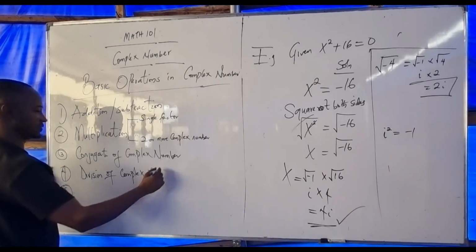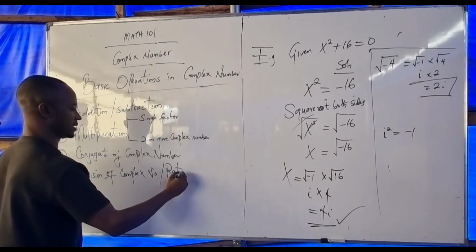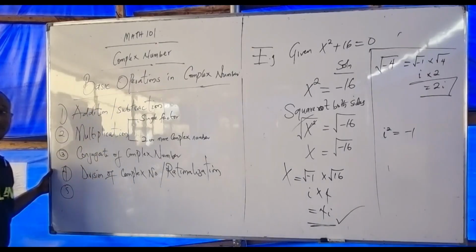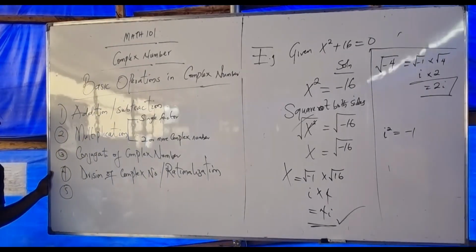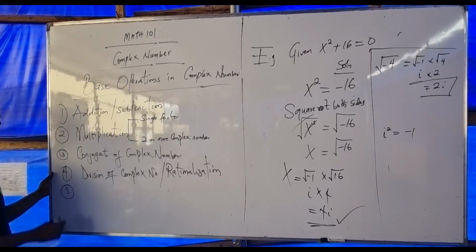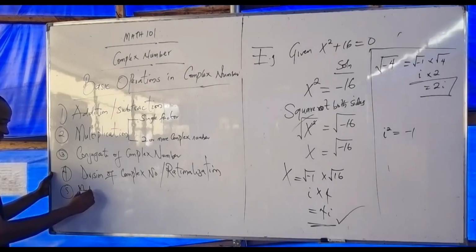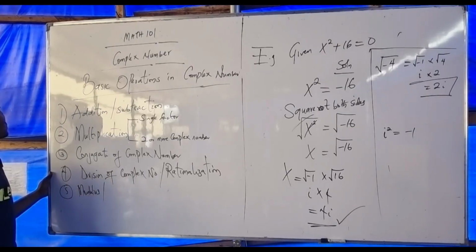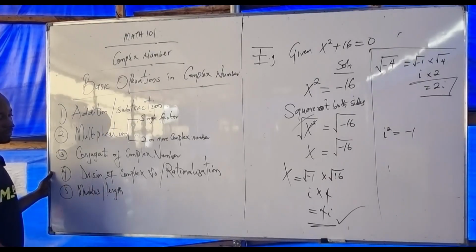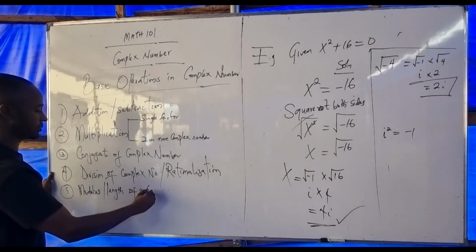From here, you can talk about rationalization under division. Before you can divide, you have to rationalize the denominator. Number 5 is modulus, also called the length of a complex number.